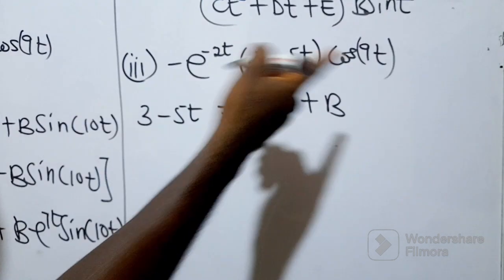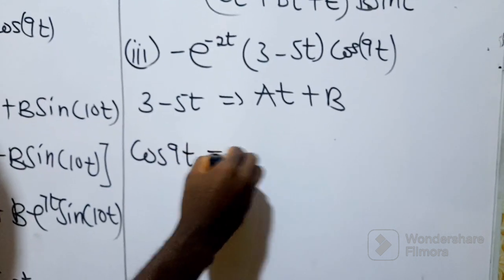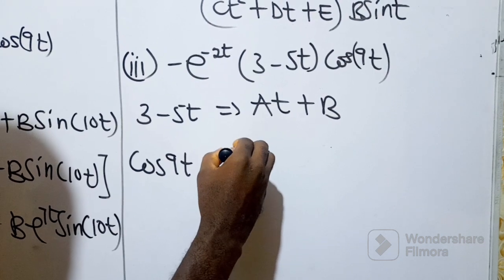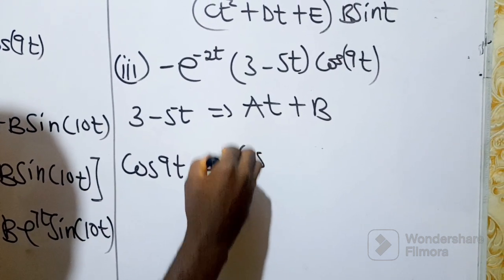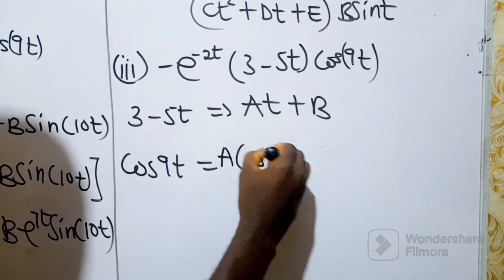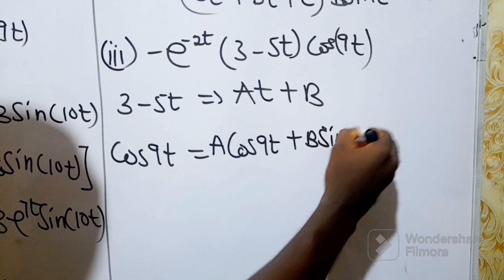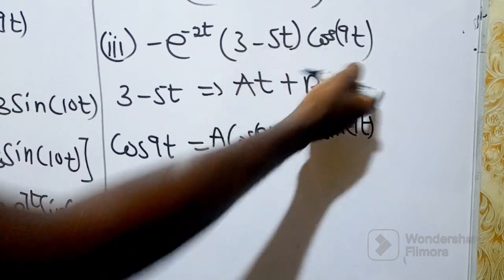So the general form of the trigonometric function cos 9t, remember, will be a cos 9t plus b sin 9t, whilst these constants are what is multiplying that.